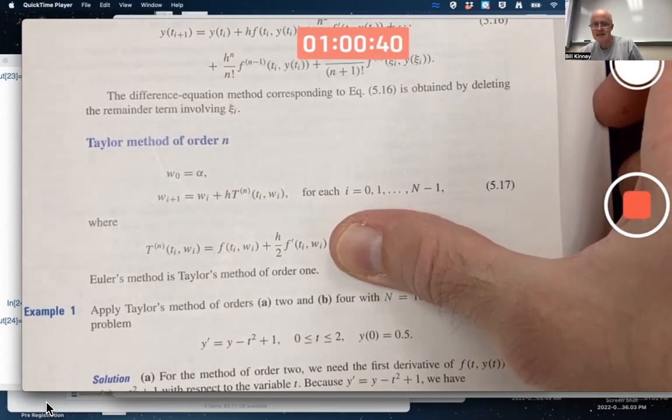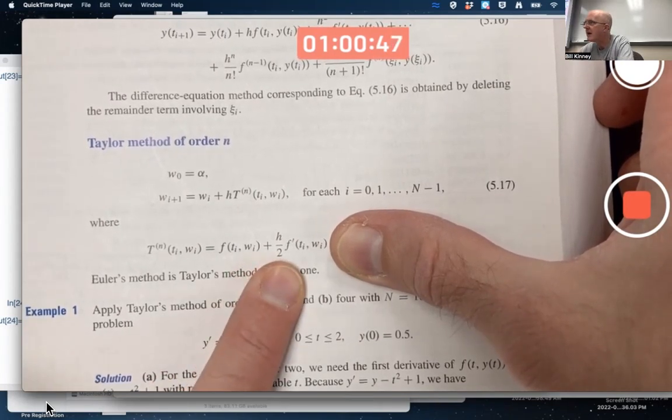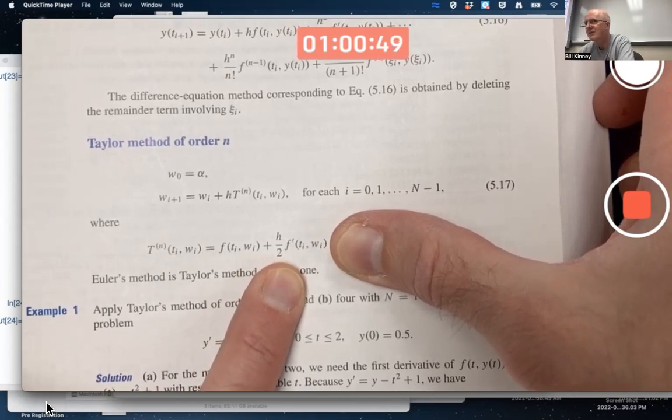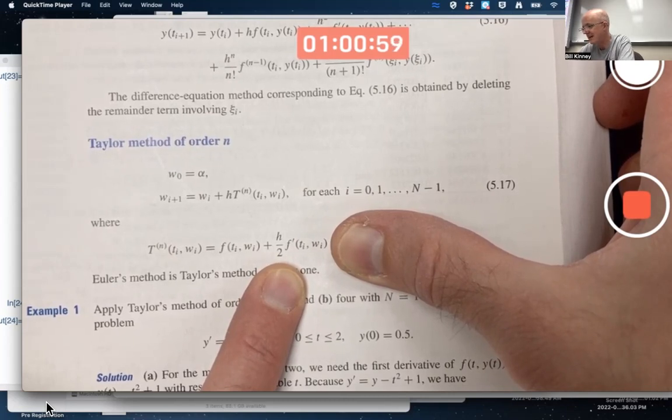This is the T when you apply the Taylor method when n equals 2. But what is f prime? To tell you the truth, I think this is bad notation. The book is using it because it's simple notation. But if you try doing the reading, you're probably confused by this. Like, what is f prime if f depends on two variables?